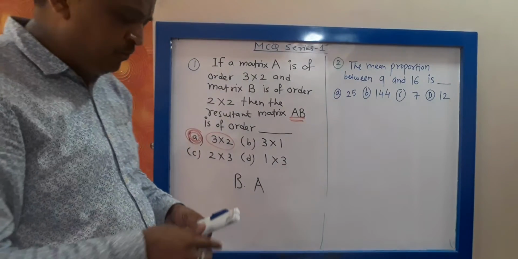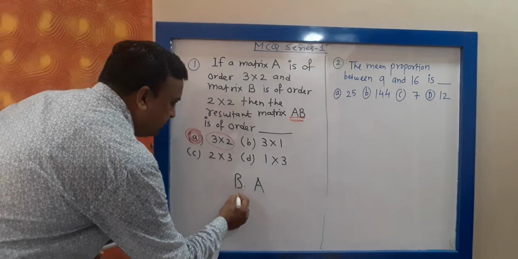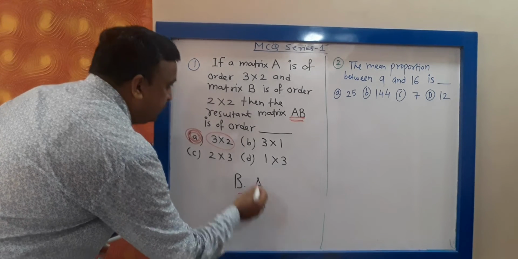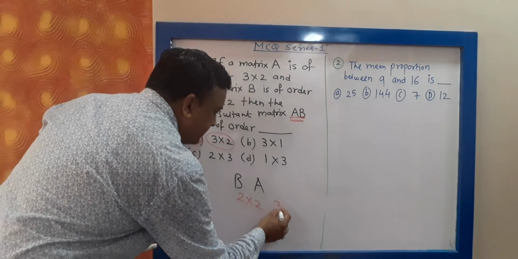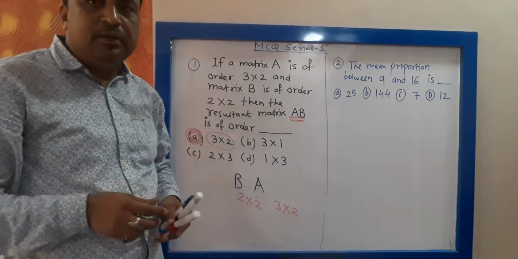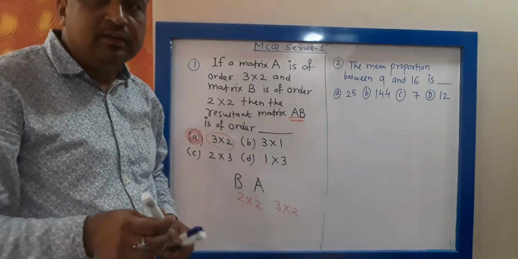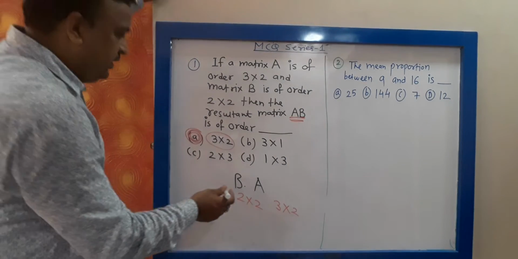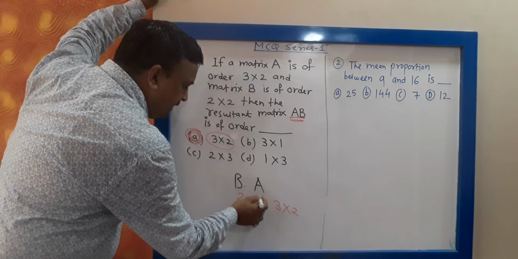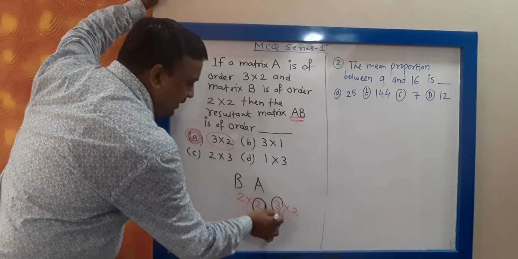That we'll see. What is the order of B? Order of B is 2 by 2, and order of A is 3 by 2. So when is matrix multiplication possible? When the number of columns of the first matrix is equal to the number of rows of the second matrix.